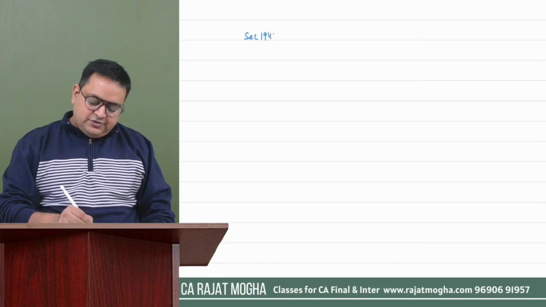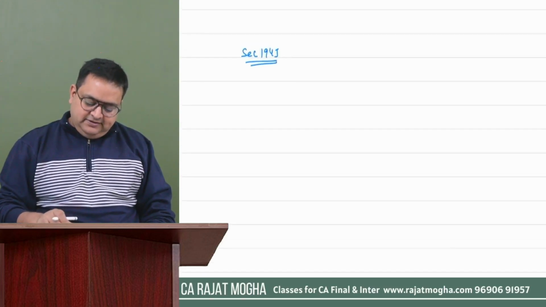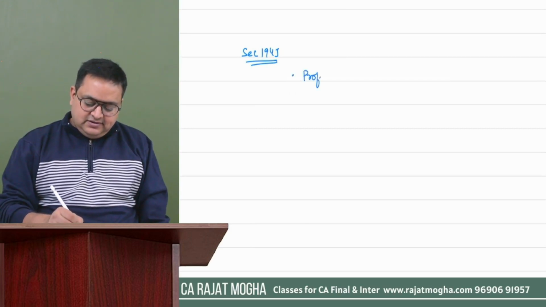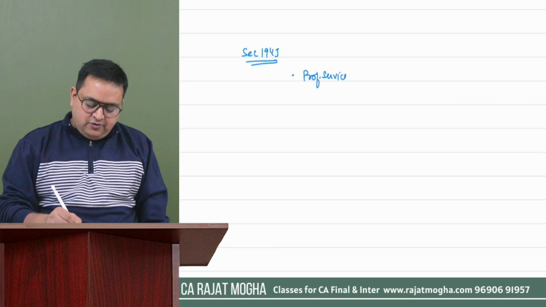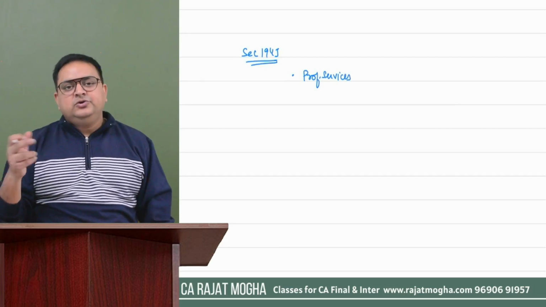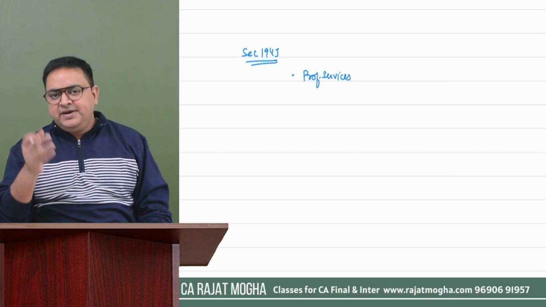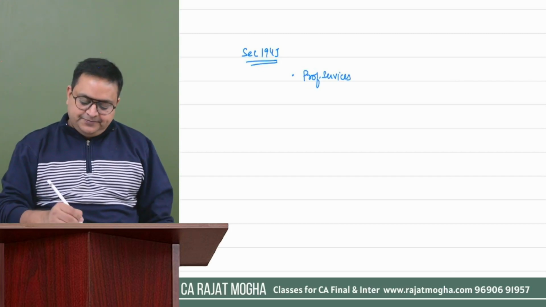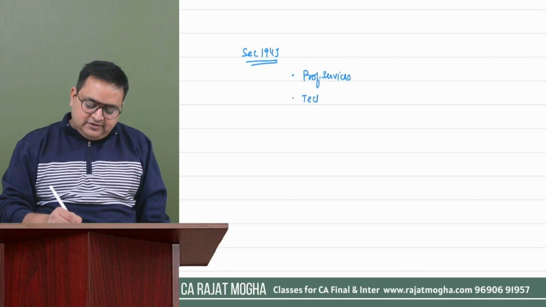Section 194J applies if you are paying for professional services, any amount related to professional services. Let's say you have hired an auditor and you are paying the auditor. You will be deducting TDS under section 194J on professional services. It is also on technical services.